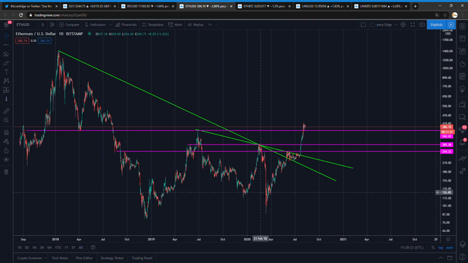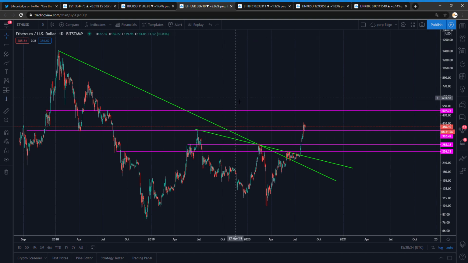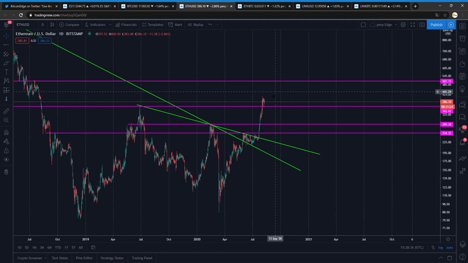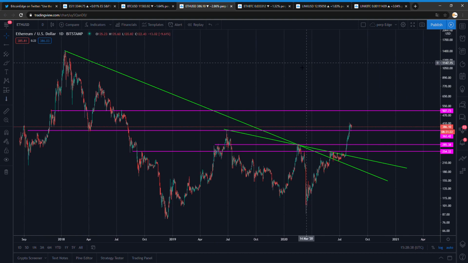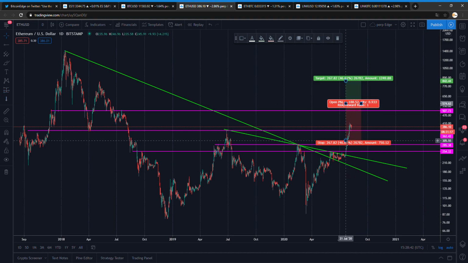Exactly there. So next level for me would be 500 for Ethereum, and I'm quite sure it will go there pretty soon, since if Ethereum starts running, it runs really fast. So I would take this trade. It's an exit below 360.